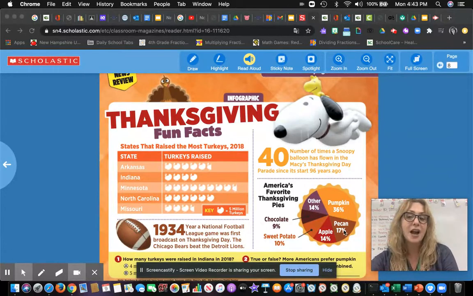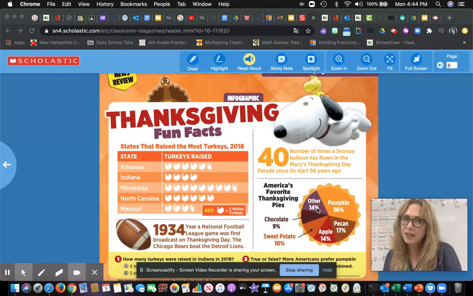The next highest is pecan or pecan, depending upon where you're from. 17% of Americans like pecan pie. Next is apple at 14%, then sweet potato at 10%, chocolate at 9%, and then other is 14%.